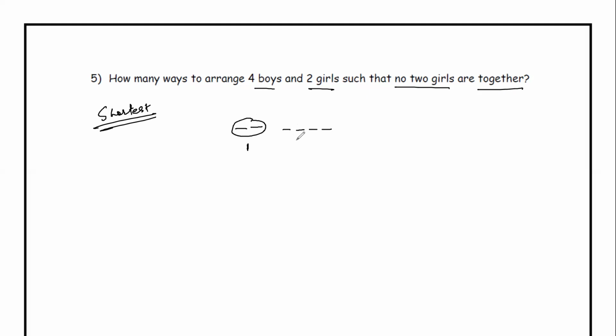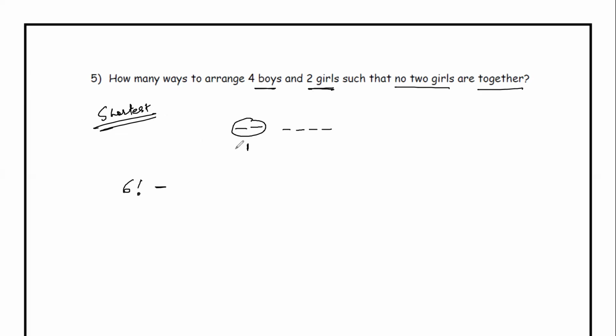So what we do for this question is find the number of ways we can arrange the 6 people, that is 4 boys and the 2 girls, such that the 2 girls are always together. Once we find that arrangement, then we subtract it from 6 factorial, because these 4 boys and 2 girls, that is 6 people, if we were to arrange them anyhow, without any restriction, without any condition, then there are 6 factorial ways to arrange them.